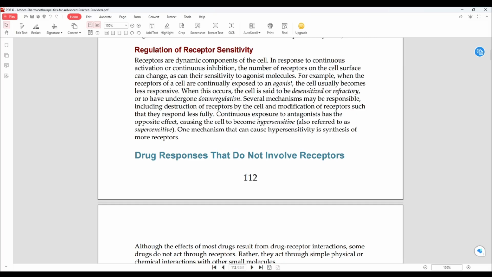When this occurs, the cell is said to desensitize, or become refractory, or to have undergone downregulation. Several mechanisms may be responsible, including the destruction of receptors by the cell and modification of receptors such that they respond less fully. Continuous exposure to antagonists has the opposite effect, causing the cell to become hypersensitive. One mechanism that can cause hypersensitivity is synthesis of more receptors.